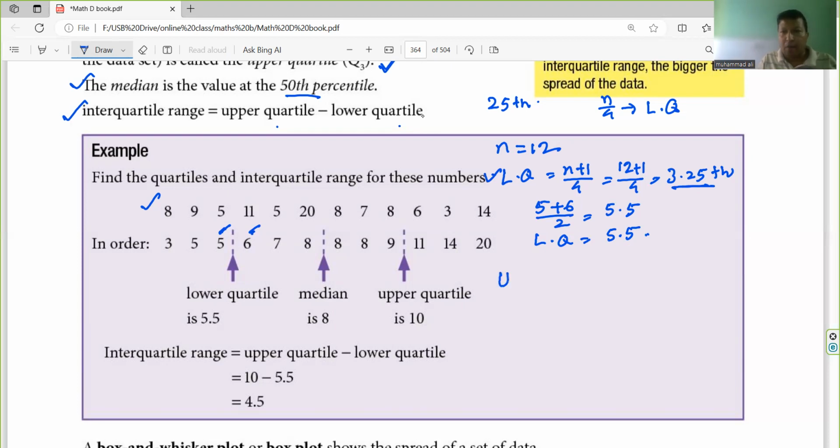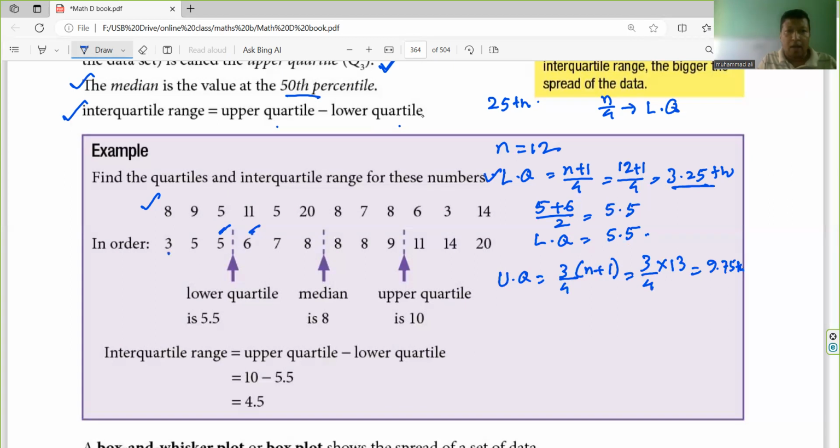Now for the upper quartile, we will write 3 by 4. Instead of n, we will write here n plus 1. So it will be 3 by 4 and 13. So we'll get 3 multiplied by 13 divided by 4. We'll get the 9.75 position.